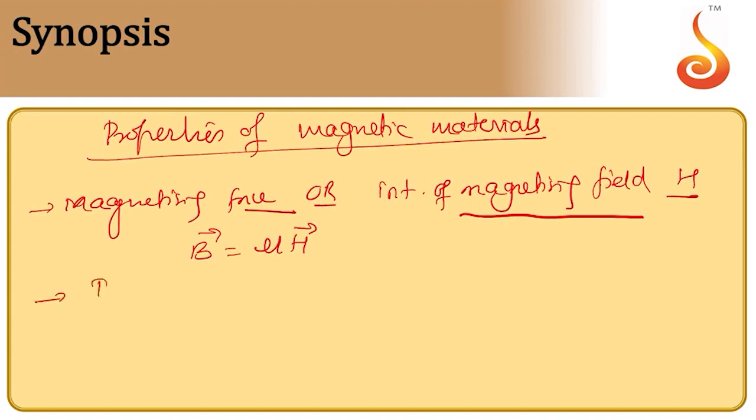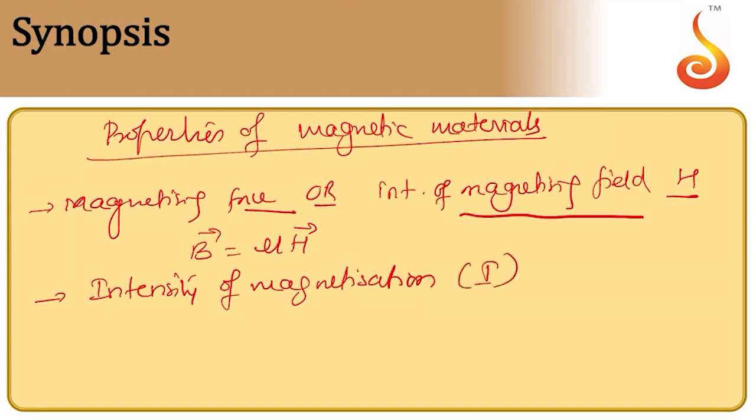Intensity of magnetization, represented by I. You know, when a magnetic material is placed in a magnetic field, it gets magnetized and it acquires a certain magnetic dipole moment.